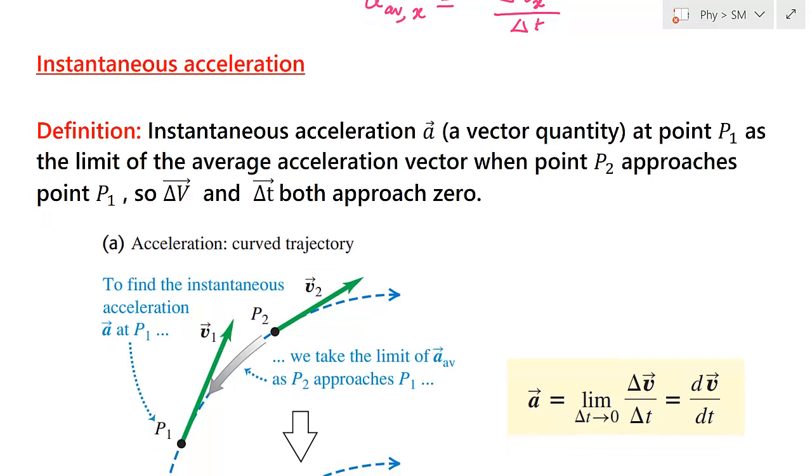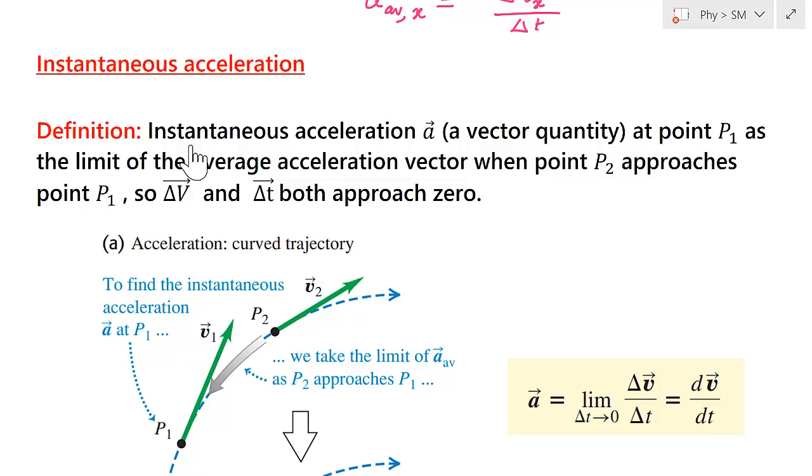When we say instantaneous acceleration, the meaning of this word is acceleration at an instant. This is a special case or limiting case of average acceleration. If you take times t1 and t2 very close to each other, then we can define instantaneous acceleration.